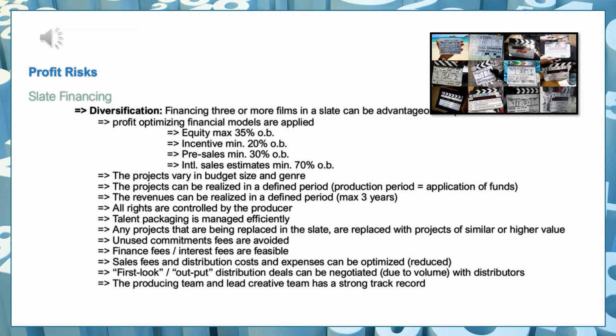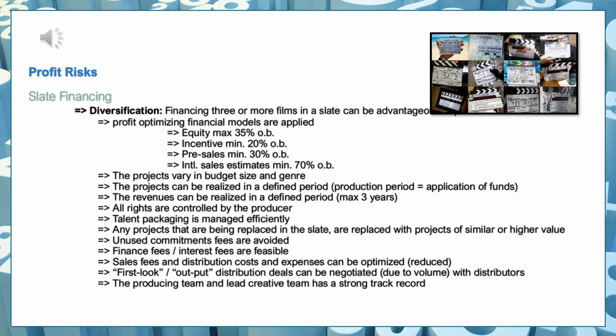I always make sure that I control all the rights of the films, so therefore I can also control their progress. If I have a movie in the slate that is not controlled by me but by another producer, then I don't really control how soon it can close or how fast it can be produced. That would be a problem for me.